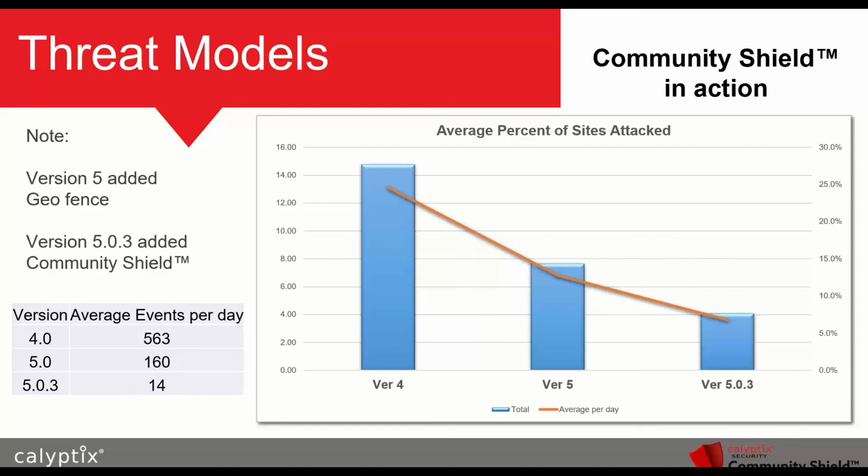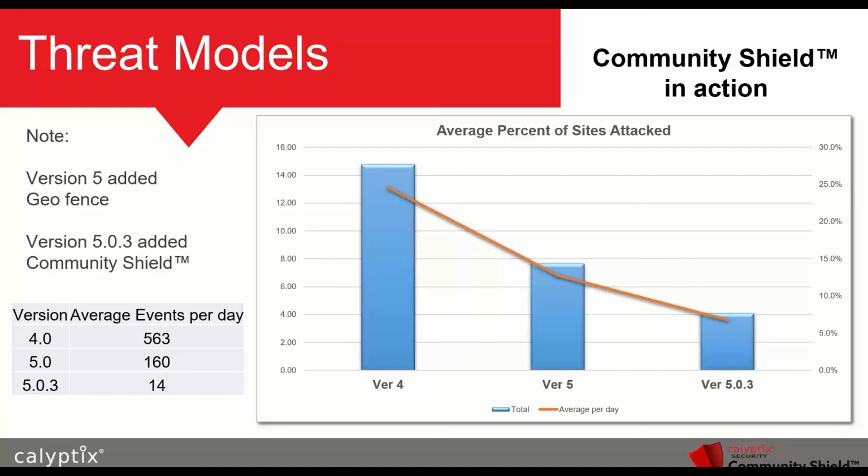And so then when you look at this in a specific instance, I pulled this data really quite recently this morning to look at the impact on failed logins across our sites. So what we did was we looked at the number of units operating at the different versions, 4.0, 5.0, which introduced Geo Fence, and 5.03, which introduced Community Shield.